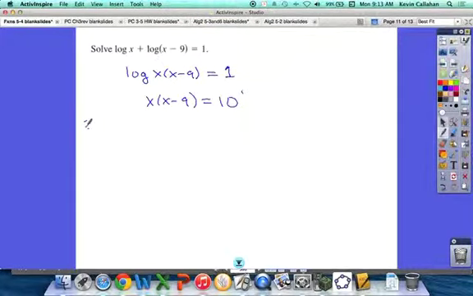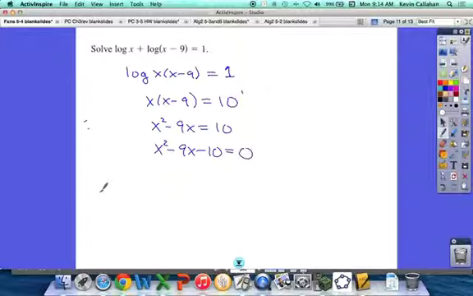Right, so let's simplify on the left. X squared minus 9x equals 10. And in your mind, you got to be thinking, okay, it's kind of quadratic. I got to solve it like a quadratic, which means in almost every case, I need to get everything on one side, 0 on the other, and then I can figure out whether it's factorable or whether I can use the quadratic formula or whatever. In this case, when I subtract, I get x squared minus 9x minus 10 equals 0.